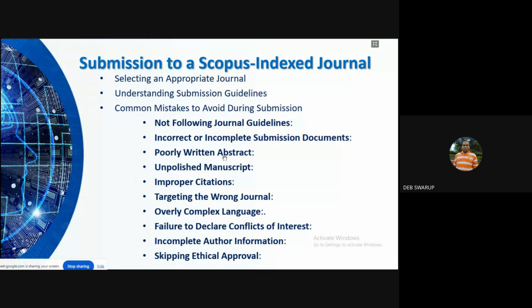Those are conflicts of interest, and those need to be avoided. Being an editor, I cannot submit any paper to my journal. So that is the declaration of conflict of interest that I have to give. Clear? Then incomplete author information.